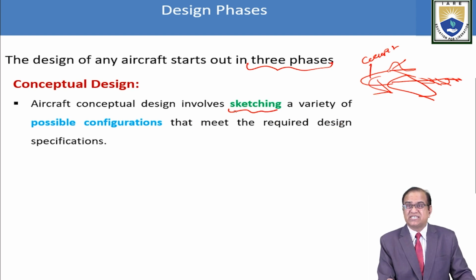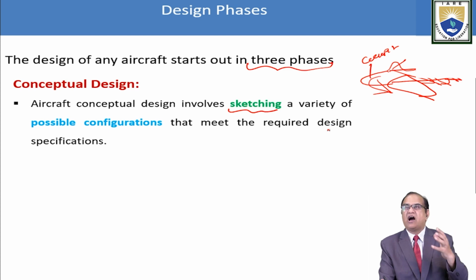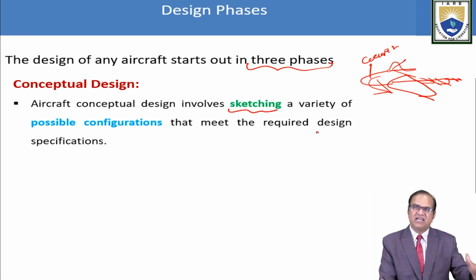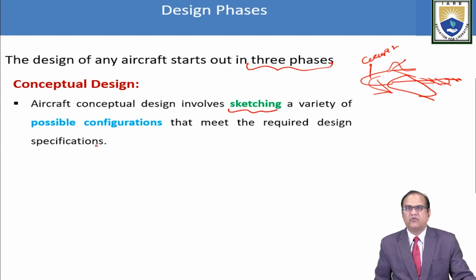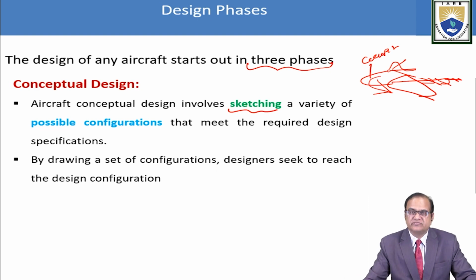This sketch should be as per the design requirement, where your customer or the company gives the specification of what type of aircraft they want. Accordingly, you have to sketch your diagram and specify different possible configurations. This is called the conceptual design.